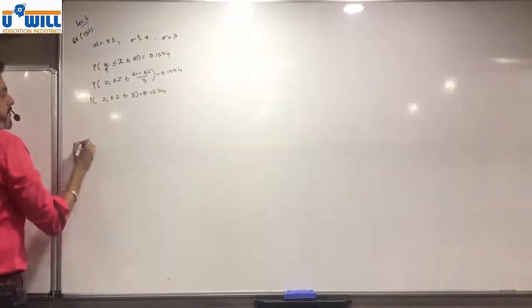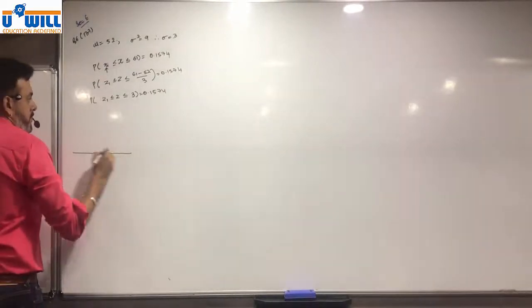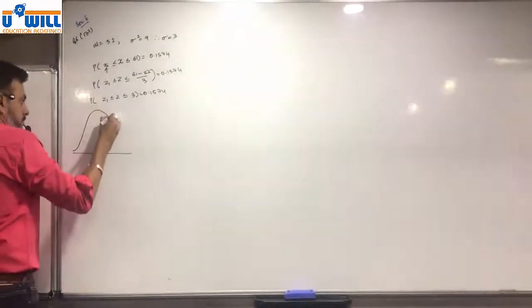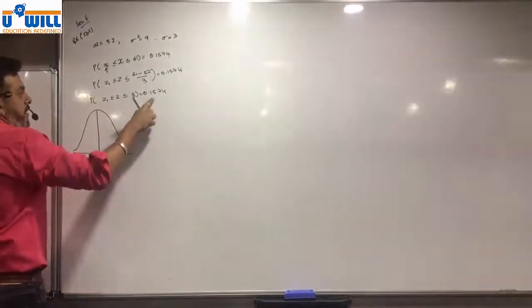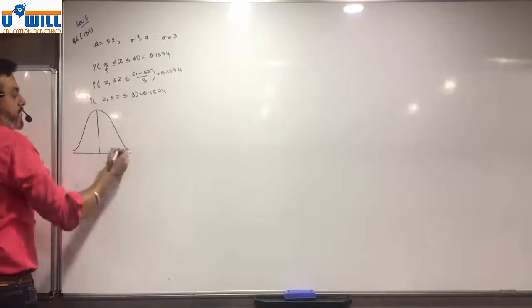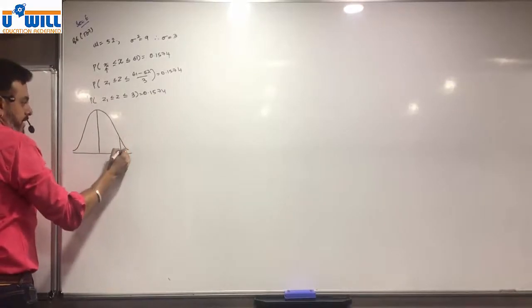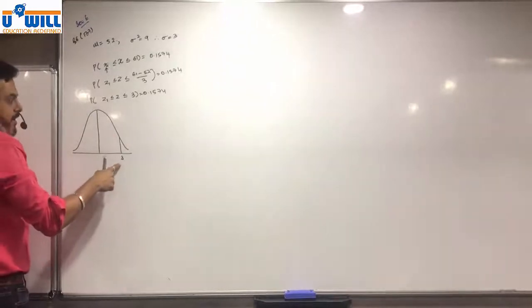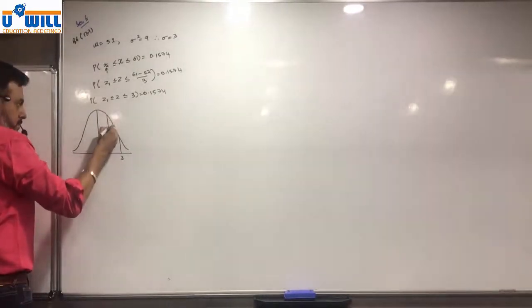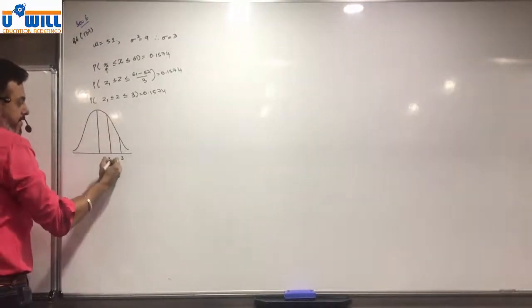We draw the graph. How much area? Only 15%. So here we take 3, somewhere here we take 3, and somewhere here we take Z1.